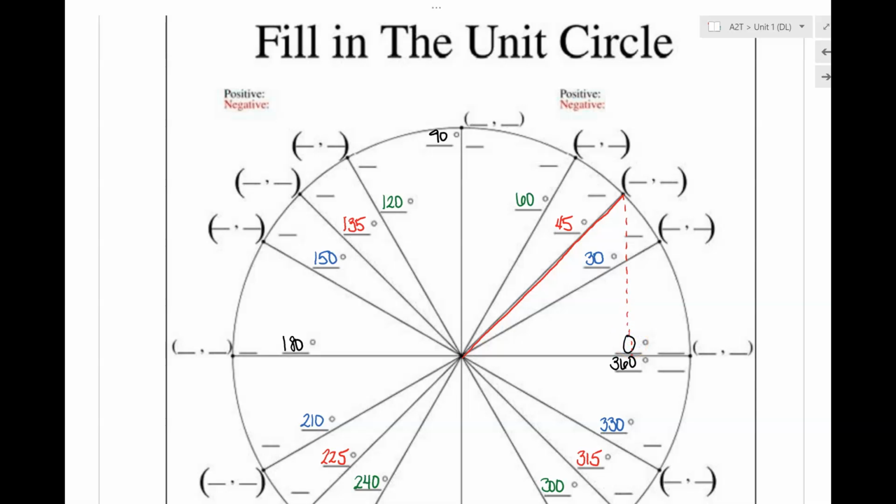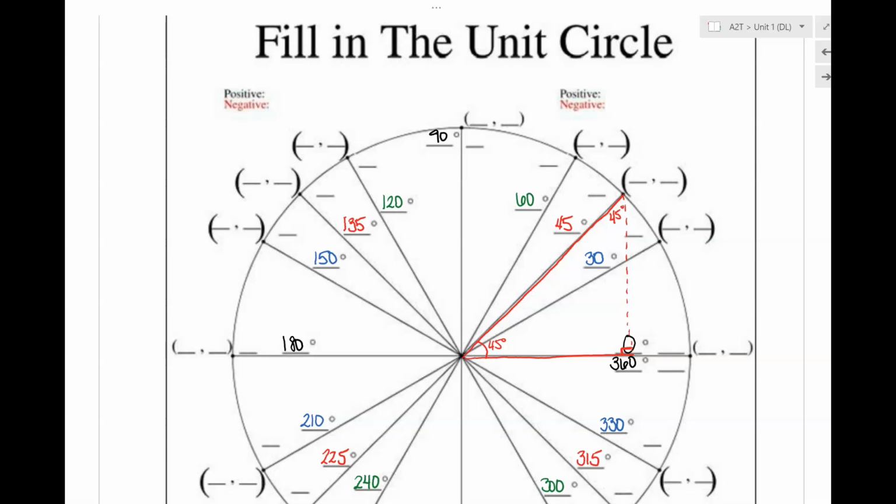Oh, sorry, 0. Okay, and I draw a right triangle. That means that this is 45 degrees, this is 90 degrees, and then this is 45 degrees.